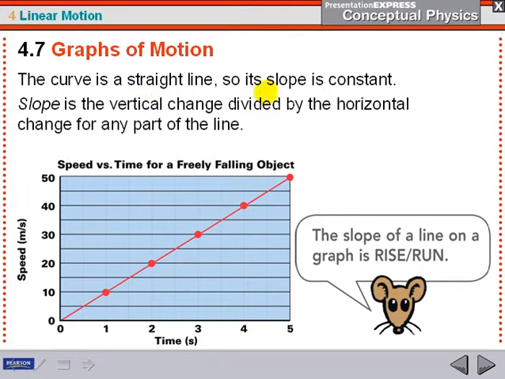Now, because this is a straight line, the slope is constant, and that's the vertical change divided by the horizontal change for any part of the line. You've probably heard this phrase before in math: the slope of a line is the rise over the run. Here's the rise, here's the run. So what you would do is divide any change in the vertical direction by any change in the horizontal direction.